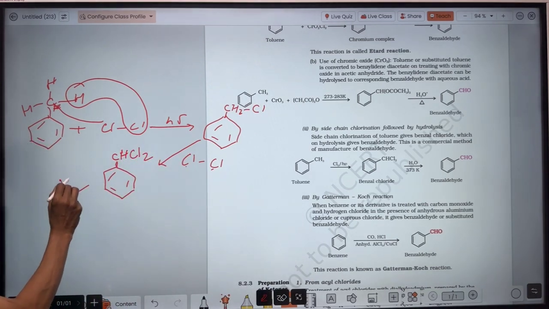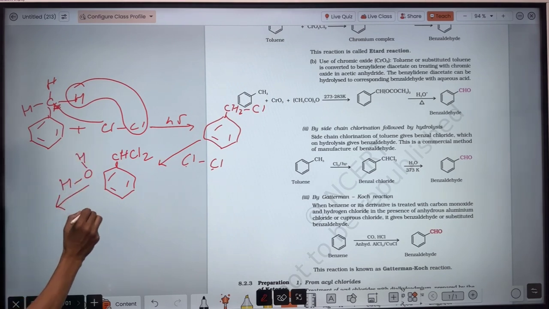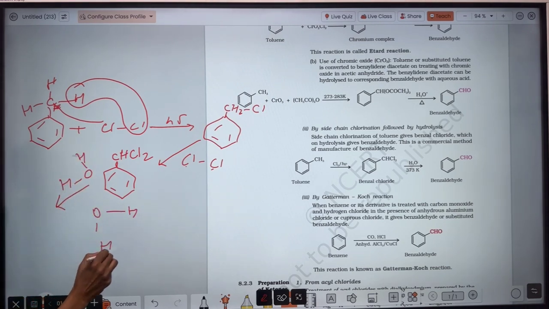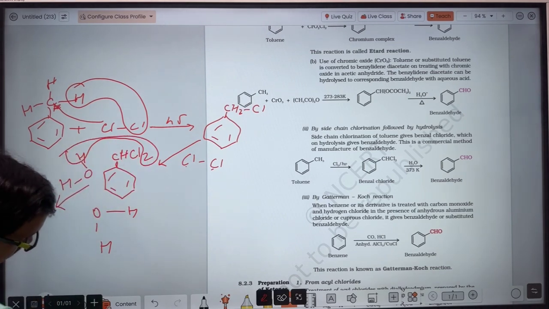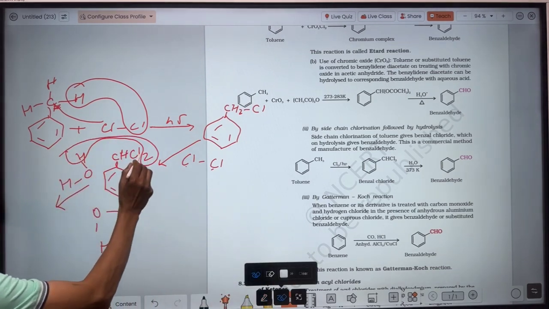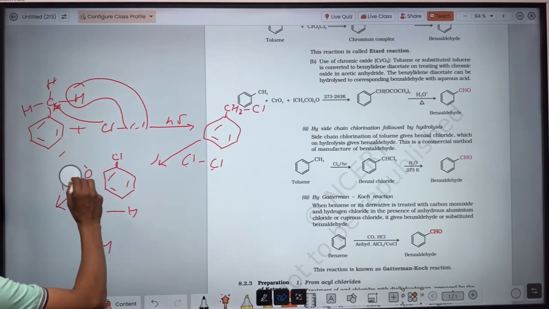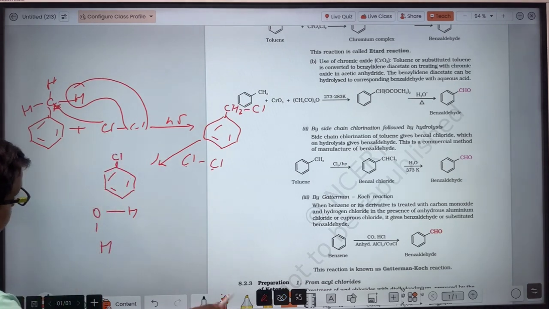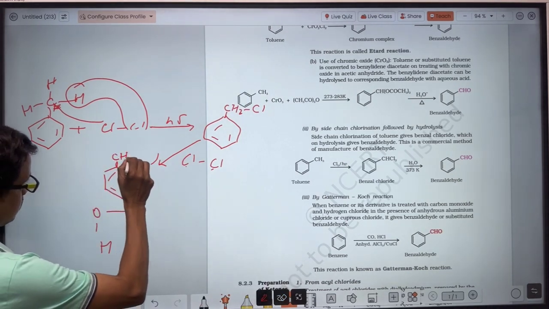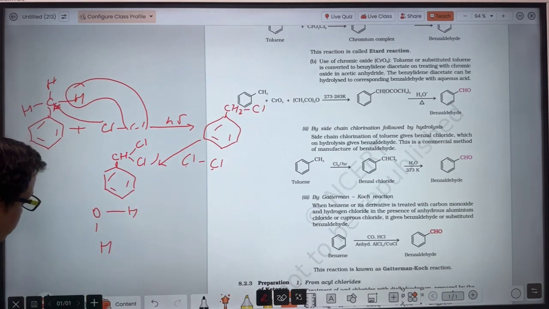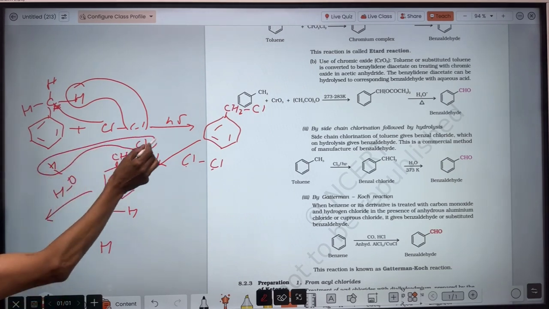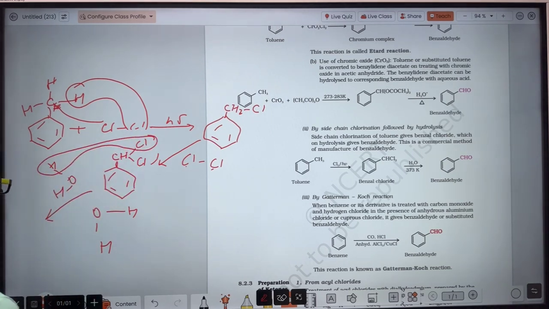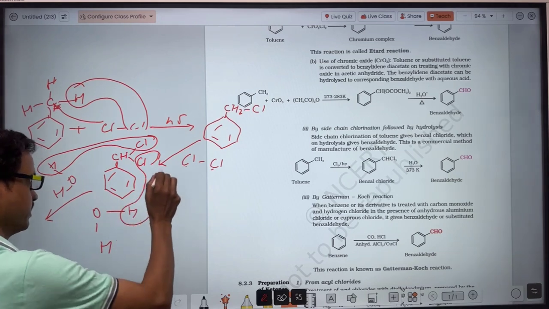Now pass water. So directly I am showing two water. So this hydrogen will combine with one chlorine to form HCl, and this chlorine will bond to this hydrogen to form HCl.